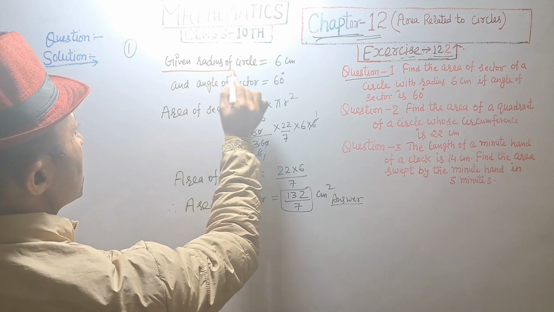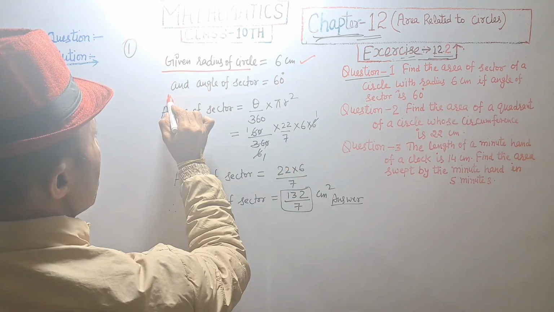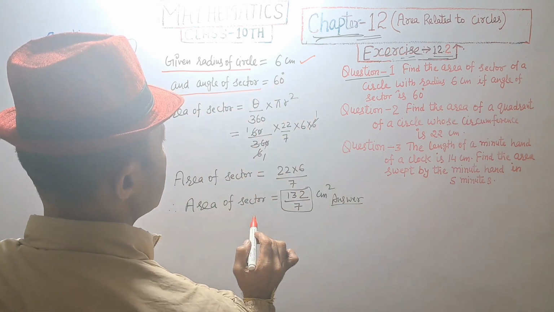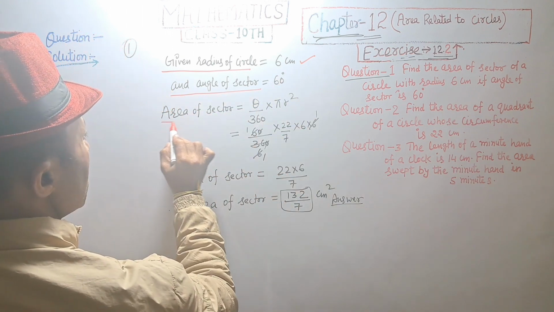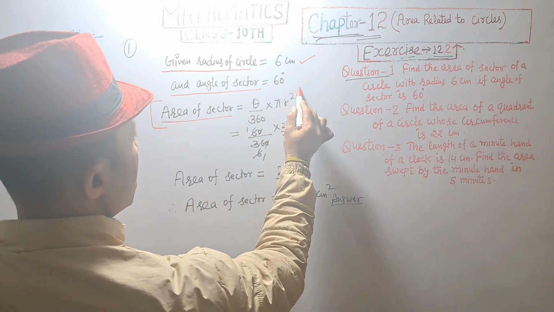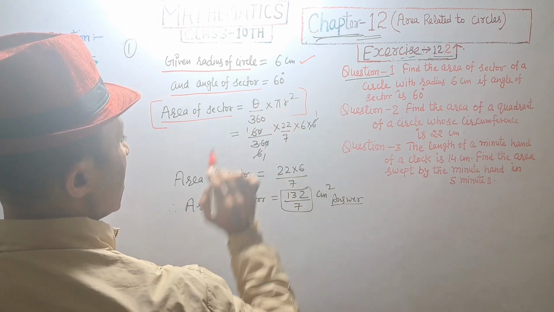Given radius of circle is equal to 6 centimeter and angle of sector is 60 degree, area of sector is equal to theta upon 360 multiplied by pi r square.